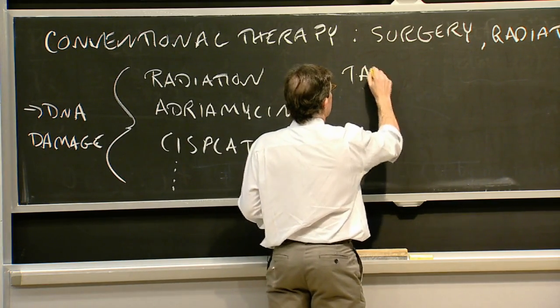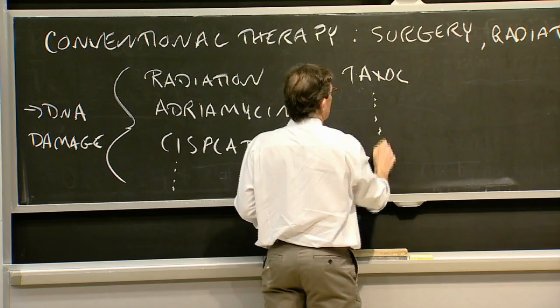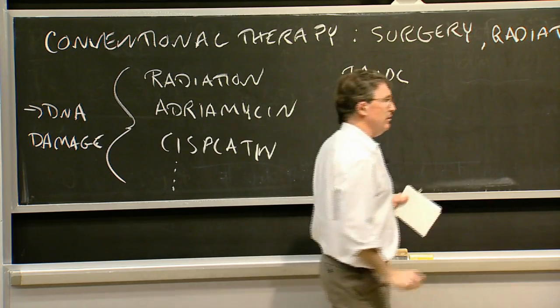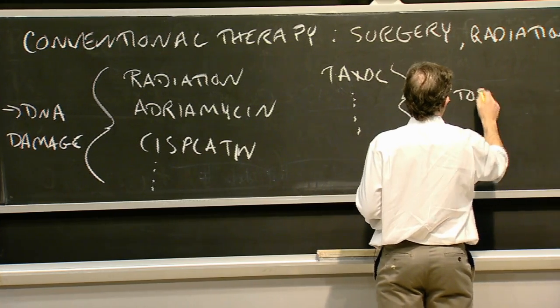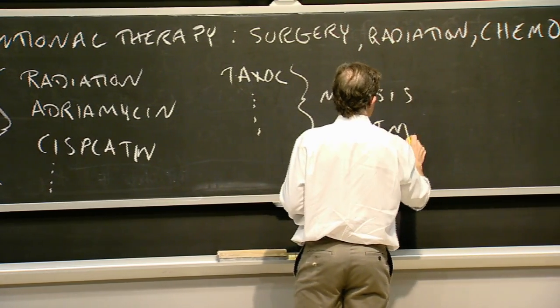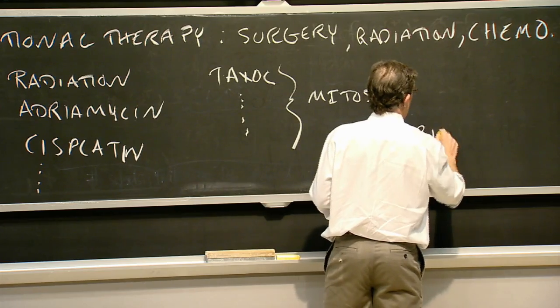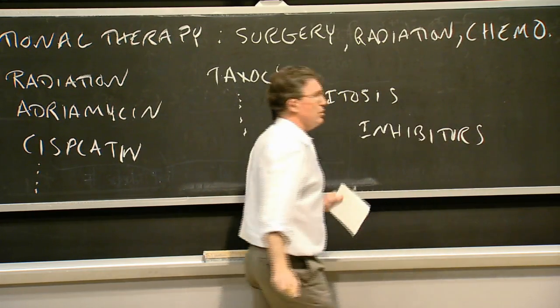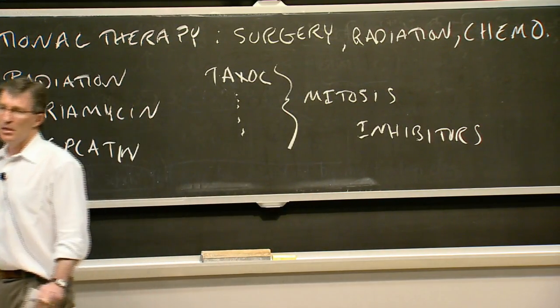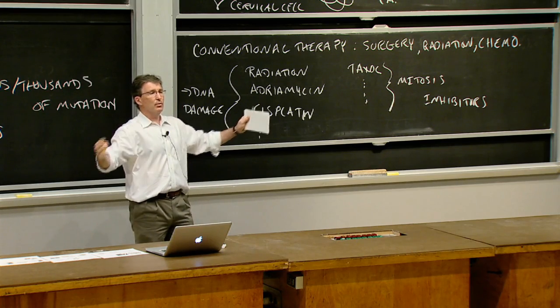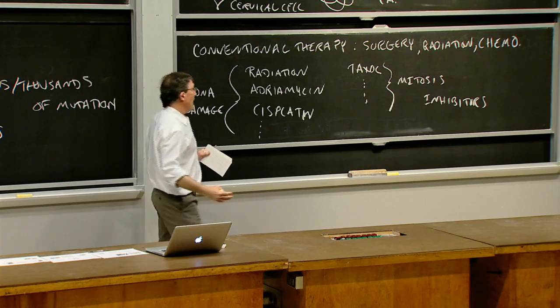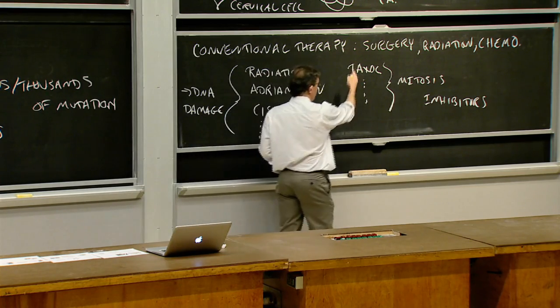There's another class of cancer drugs for which Taxol is the best known. Which are described as mitosis inhibitors. These drugs actually bind to microtubules, block the formation of the microtubular spindle, and in that way prevent cells from dividing.